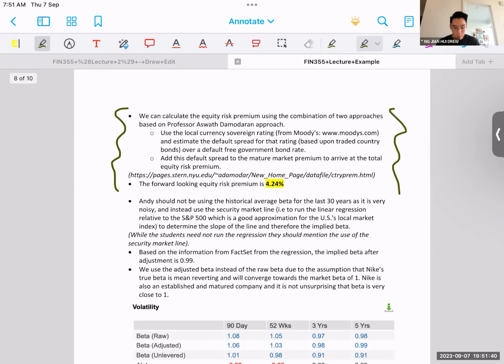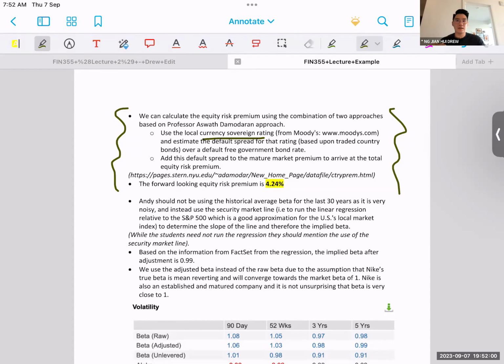There's this component on sovereign rate, the local currency sovereign rate. What's this? It means that different countries have different premiums, right? For example, Singapore is very stable.